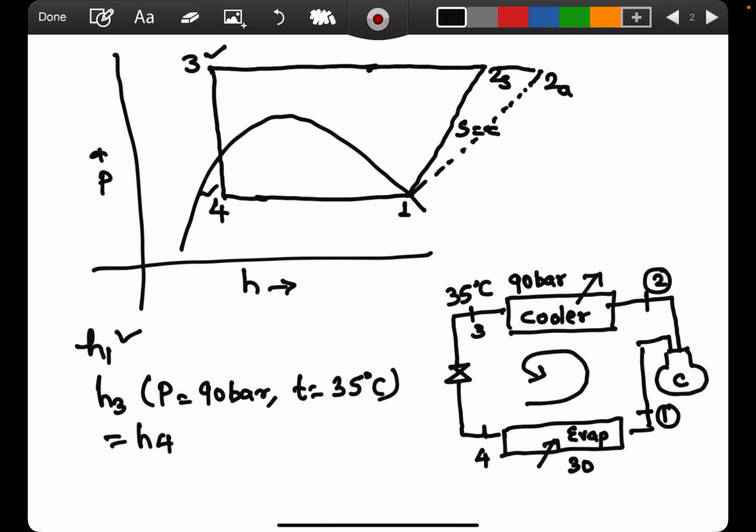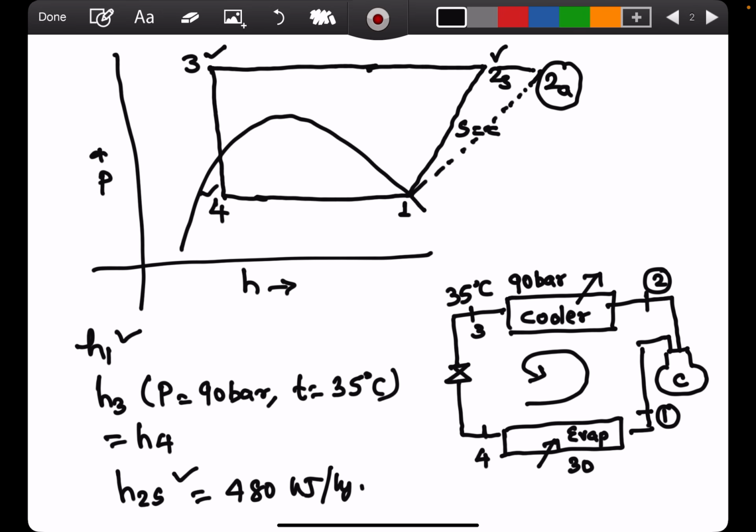Okay, so you know this enthalpy. So the only enthalpy to be found now is H2A. You know that if you draw an isentropic up to the cooler pressure, you get the enthalpy H2S. So H2S is obtainable from the pH chart by drawing an isentropic, and you will find that the value comes out to be around 480 kilojoule per kg in this problem.